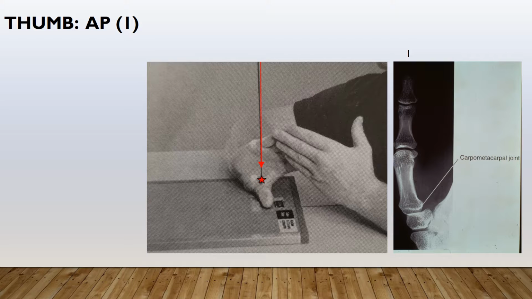You're going to have the proximal phalanx and the distal phalanx. There is no middle phalanx. So for the center ray on a thumb x-ray, you're going to center at the metacarpal phalangeal joint. You want to make sure the thumb is nice and straight and you don't want to have the thumb rotated. And you're going to make sure that you mark this with a number 1 because a thumb is a number 1 finger.